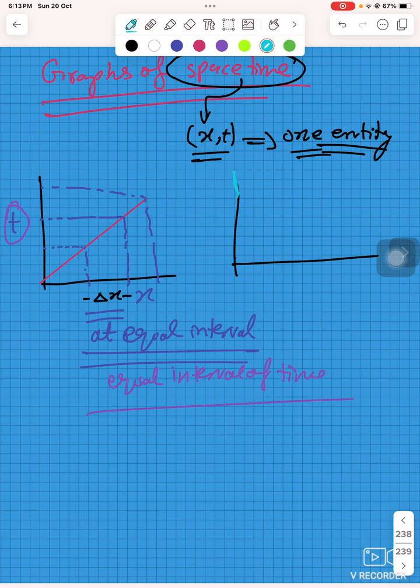Okay, so this line over here indicates that the body is moving through time but not x, because x position, the change in length, is in our hand.